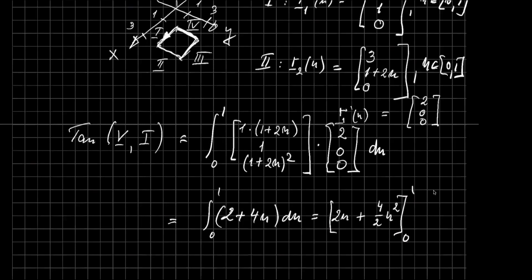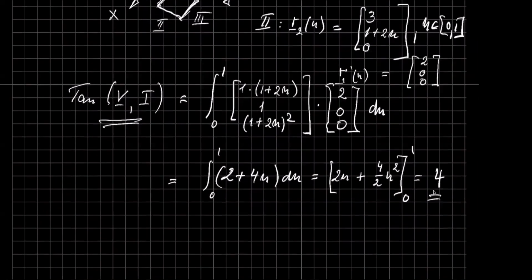Nothing from the lower limit. From the upper limit, you get 2 plus 2, that is 4. And so on. You should then compute the tangential curve integral of v with respect to 2, and so forth.